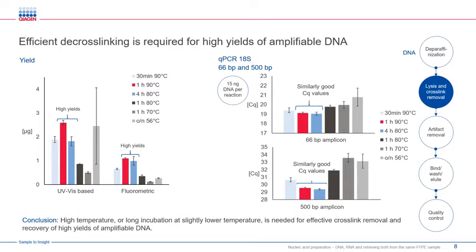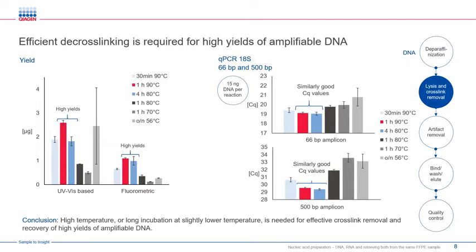And again, on the left is the DNA quantitation. Sorry, this is DNA, of course. And you can see the highest yield we get with the 1 hour at 90 degrees.